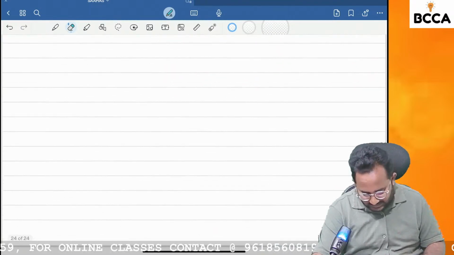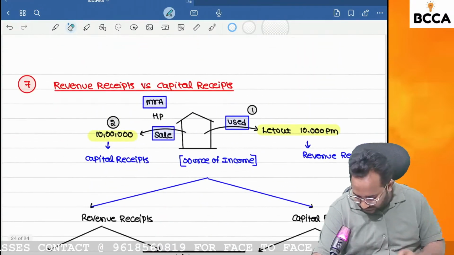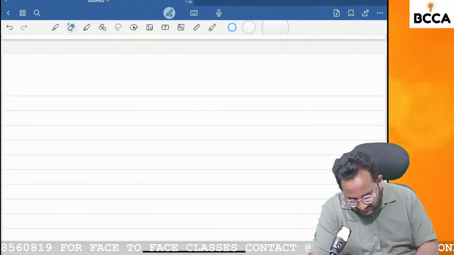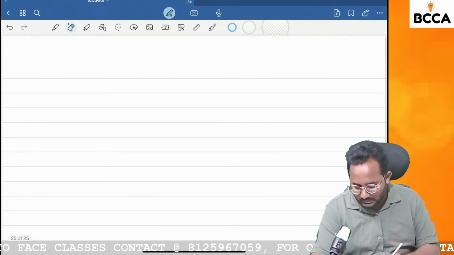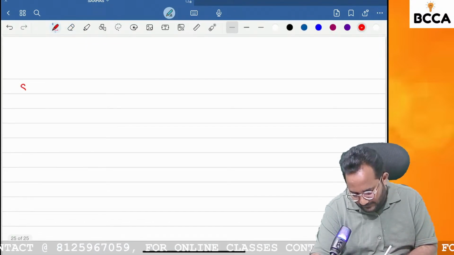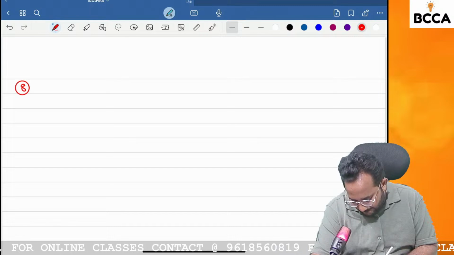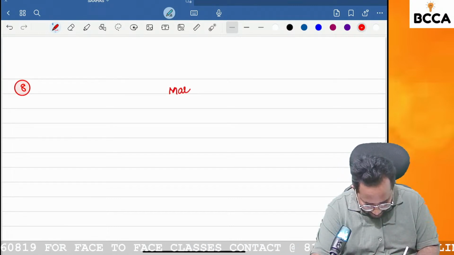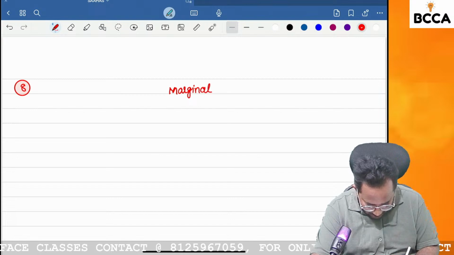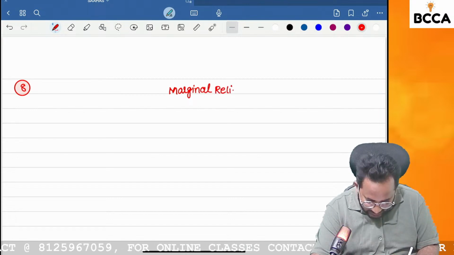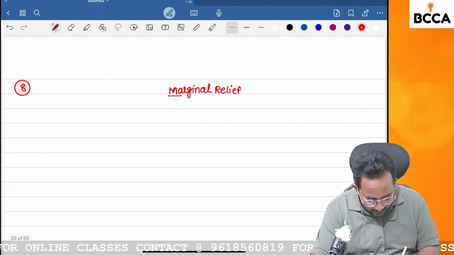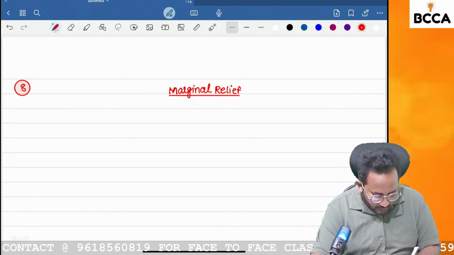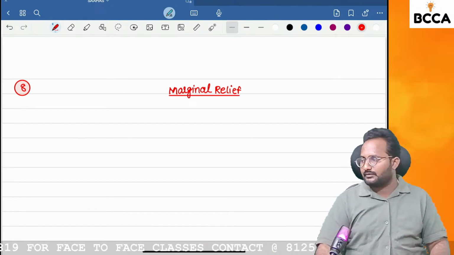If it is over, then I will start with the last concept in this chapter, marginal relief. Give the heading marginal relief.